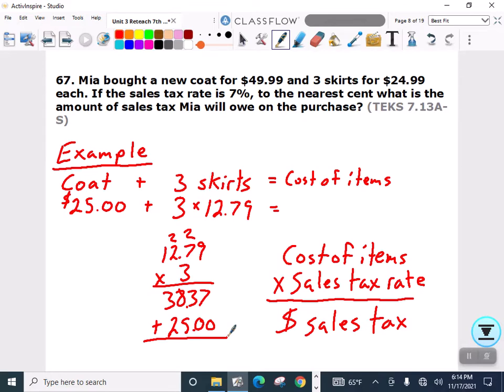But now we have to have the cost of the coat, and that would give us $63.37 for the cost of the items. Now, we have sales tax.